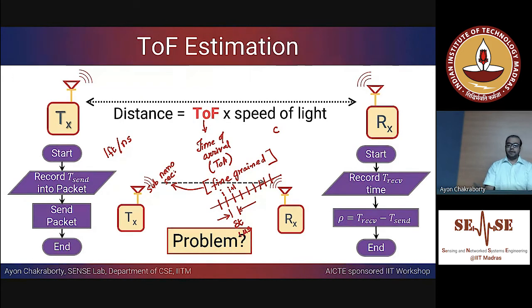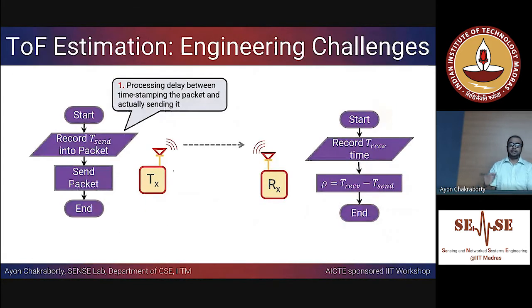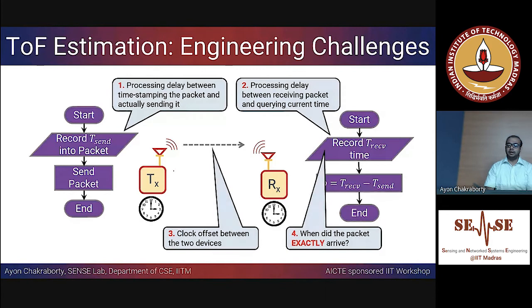Moving forward, we discussed four primary challenges, and I am going to put them all together. One was the processing delay between the time when the packet was time stamped and when the packet was actually sent out. The same holds on the receiver side.